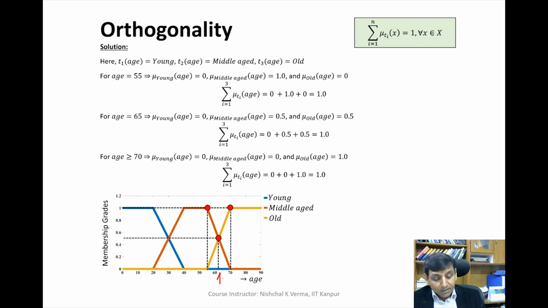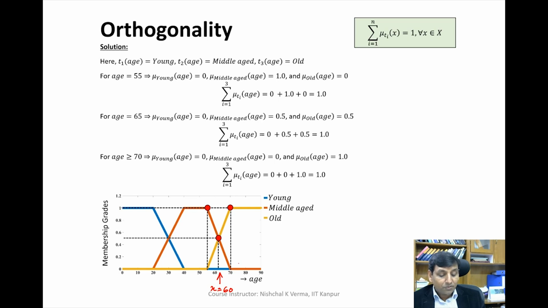Similarly, if we take x is equal to 60, we come across two membership functions, of middle-aged and old respectively.